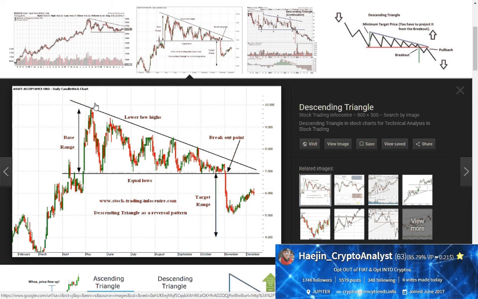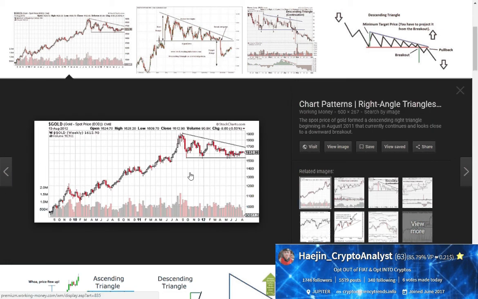Or I could say ABCDE, WX, and Y. So it could be a combination type, but I wouldn't label this straight out as an ABCDE. That wouldn't fit. But still, the pattern of this descending right triangle is quite evident.